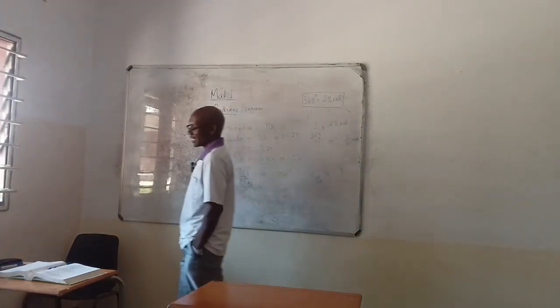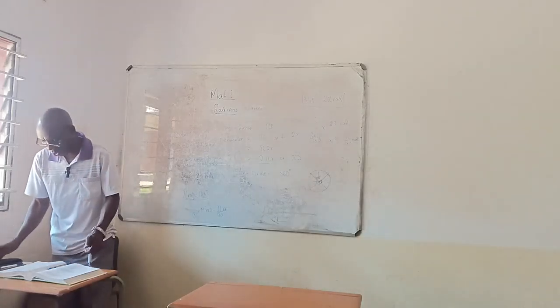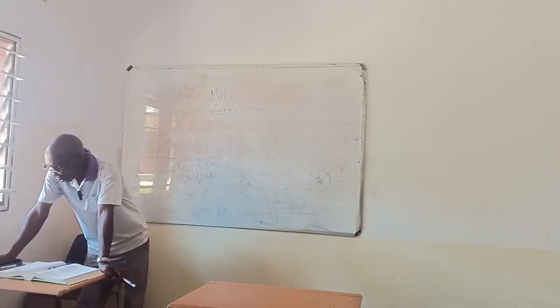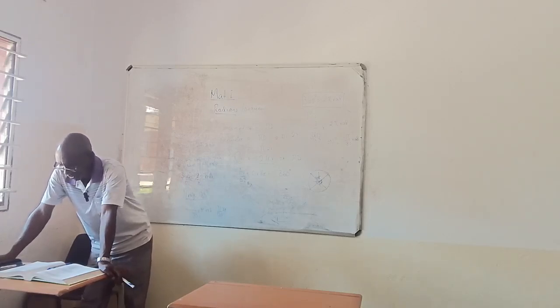So anything to do with radians, they are pi. They are quite different from that. If it is 360, it is equal to 2 pi. If it is 180, it is equal to 1 pi. If it is 90, it is equal to pi over what? Over 2.